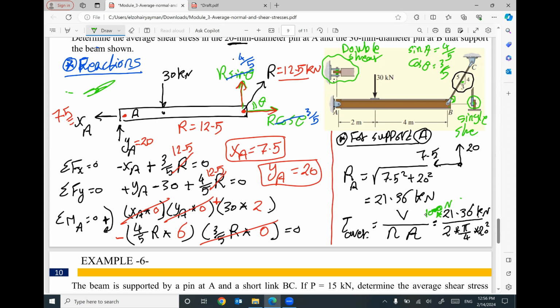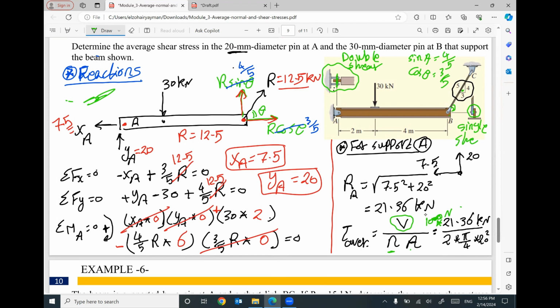That makes sense? So one more time, the applied force for shear at support A will be the resultant force for the two reactions. N, the number of shear planes. We have double shear, so N will be 2. The area is the area of the cross-section of the bolt at this pin, at this support. The diameter of this bolt equals 20 millimeters, so pi divided by 4 times diameter square.